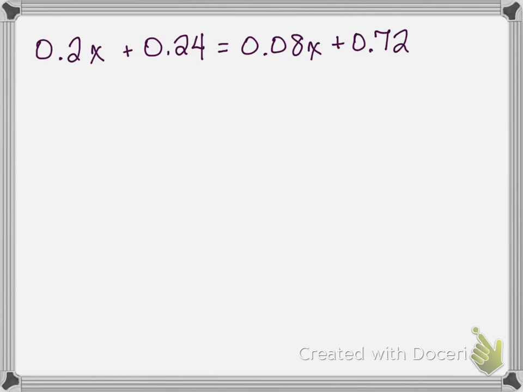Now, if I have 0.2 and I want to get rid of that decimal, and this is read 2/10, what can I multiply 2/10 by to get rid of the decimal? 10. And when I multiply by 10, that moves my decimal one spot.